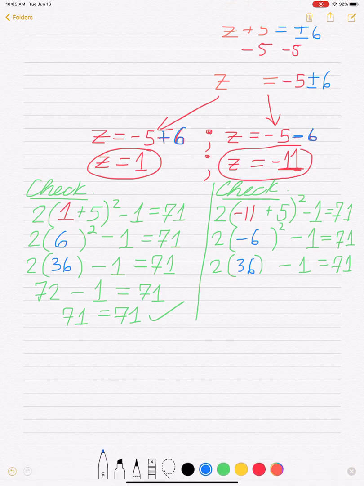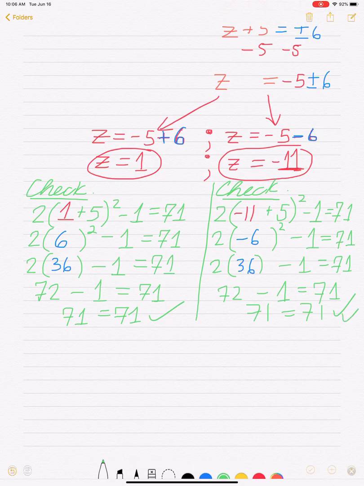And then according to order of operations, 2 times 36, we do multiplication before subtraction. 2 times 36 is 72. 72 minus 1, 71. Yes, it is. We get 71 on the left, 71 on the right. Checks out. So yeah, both of those solutions work.